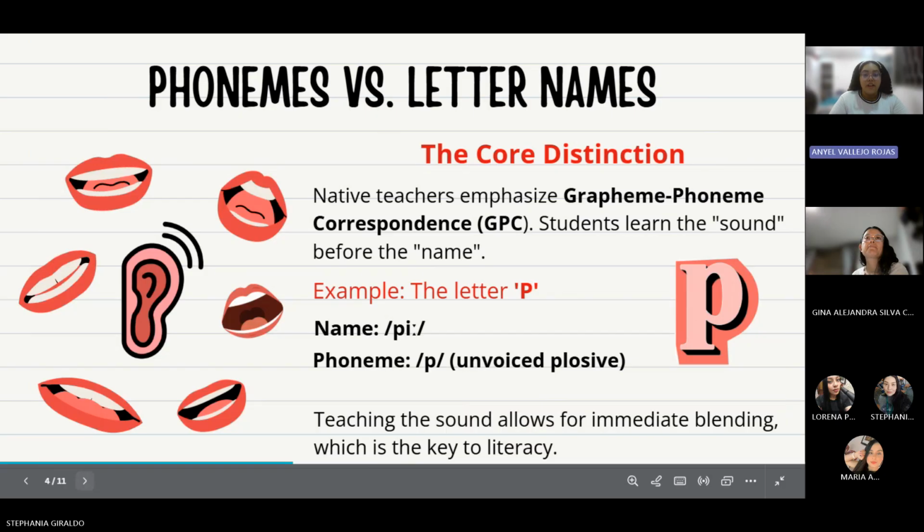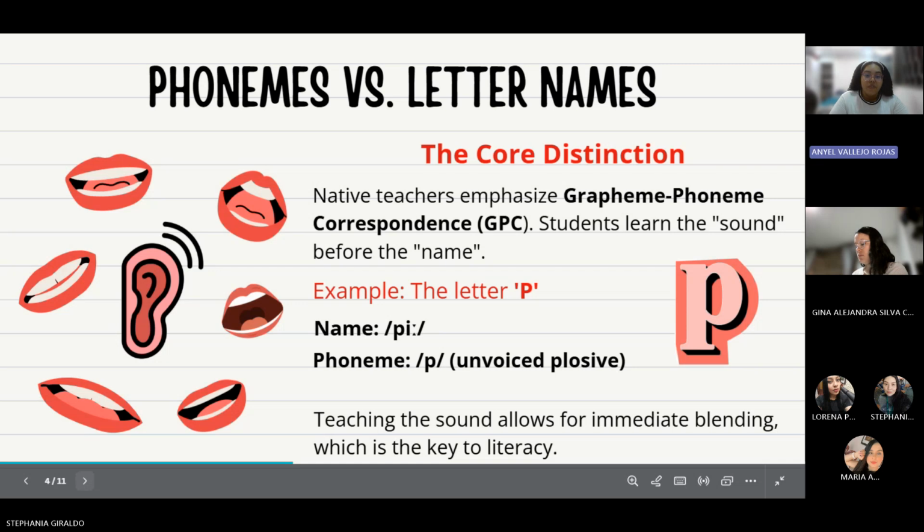Okay, this is where phonics becomes important. In native English classrooms, teachers usually focus on phonemes, meaning the sounds of the language, instead of only teaching the letter names.